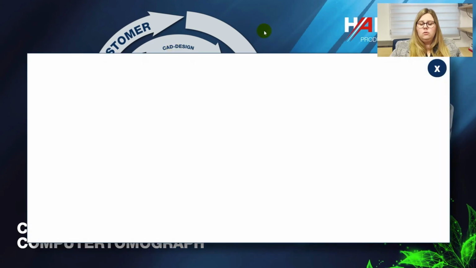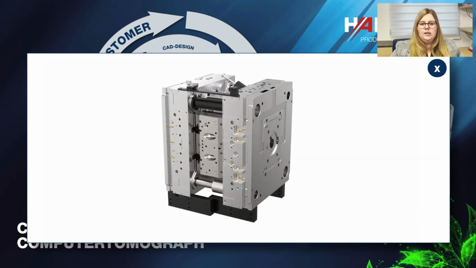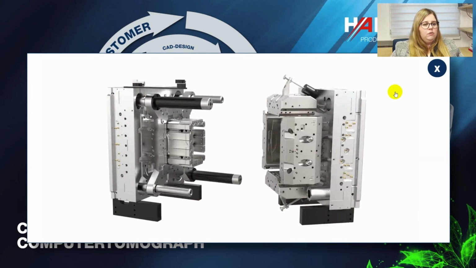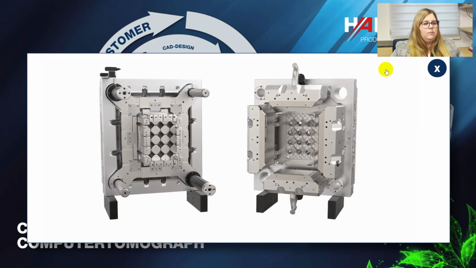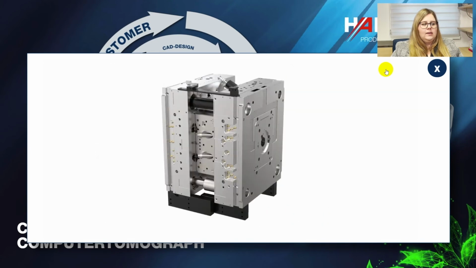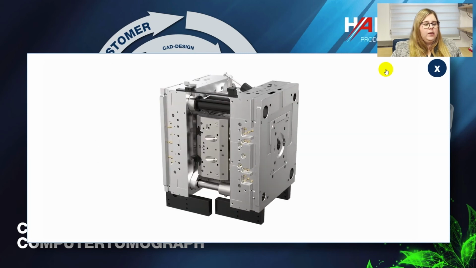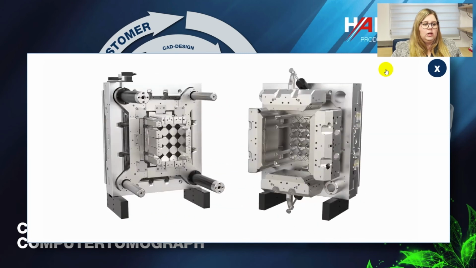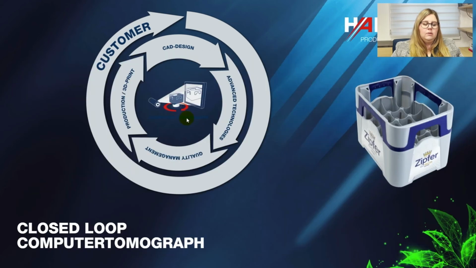And once the component complies with the client's requirements, it will be constructed after the CAD design. And this will be interesting for many of you who don't work in mold making, because this shows what such a mold actually looks like. It is an animation of what it looks like and how it works.